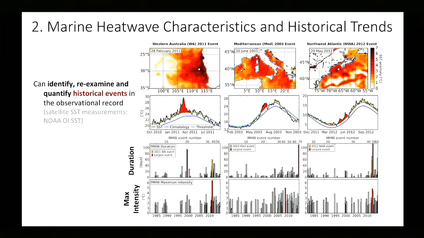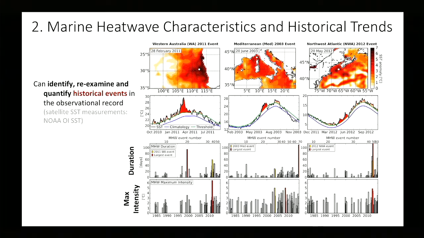One of those, in terms of sea surface temperatures, would be AVHRR satellite data, where you've got fairly high resolution sea surface temperatures. They're gridded, and you can then apply that definition to time series of maps and really understand marine heat wave characteristics. And that's really what's been done here.